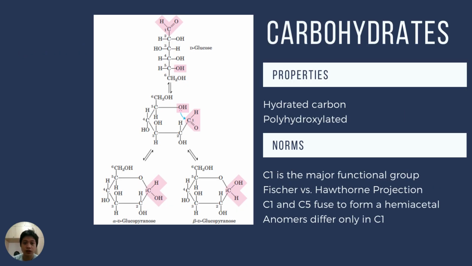Let's take a quick look at what carbohydrates are. So carbohydrates are easy to define because nandun na sa pangalan niya ang kanyang properties. Carbohydrates are hydrated carbon. So please take a quick look at the image in the left.